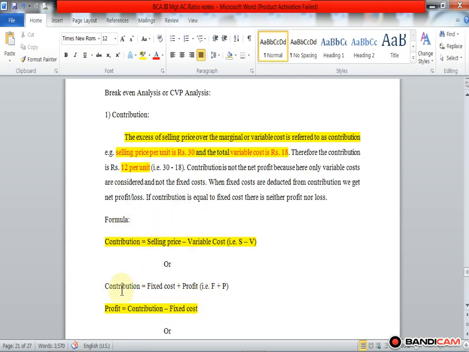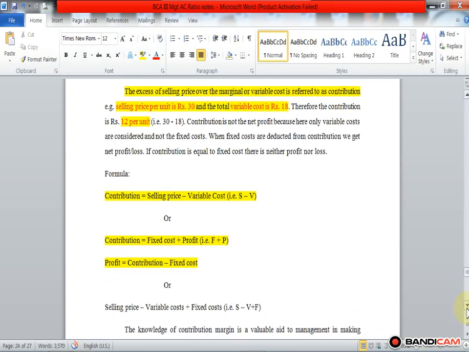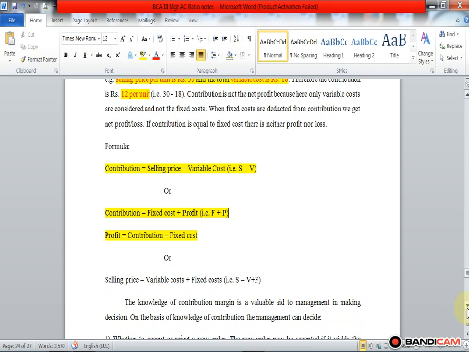And how do we calculate this contribution? Contribution is equal to S minus V, or contribution is equal to fixed cost plus profit. We get the contribution of the concern. Okay, another formula is given here: selling price minus variable cost, plus fixed cost, we get a contribution.